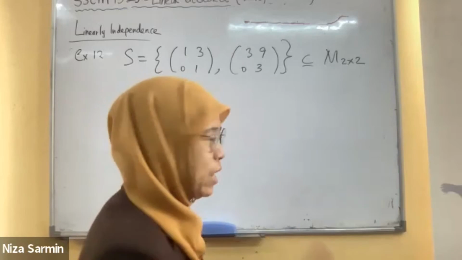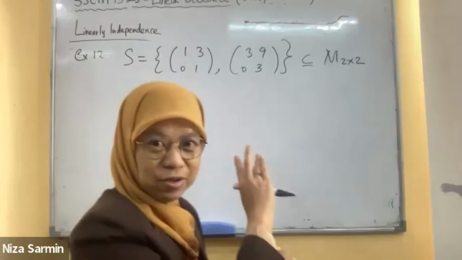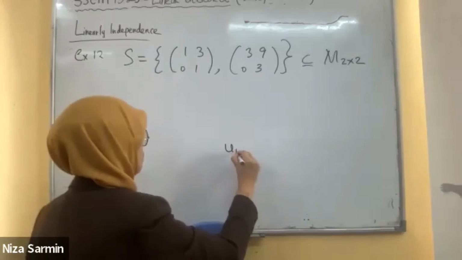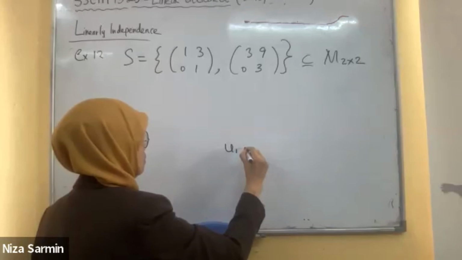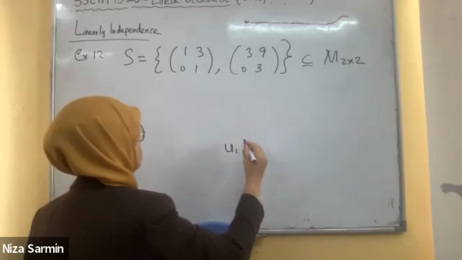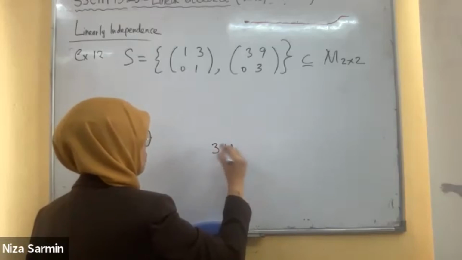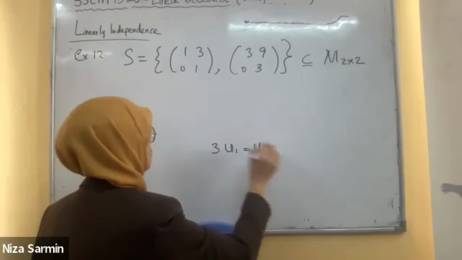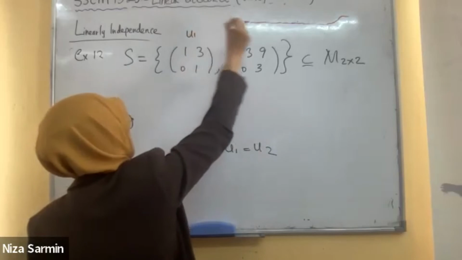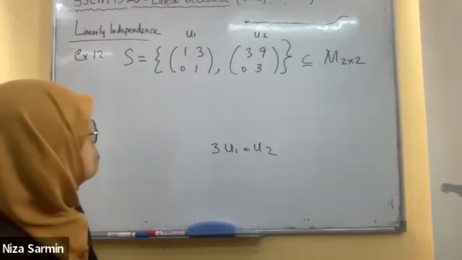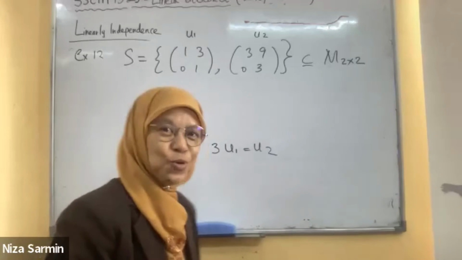Okay, I will write out before I use the definition shortcut. Yeah, this is u1, 3u1 equals u2. This is u1, this is u2. 3u1 equals u2.